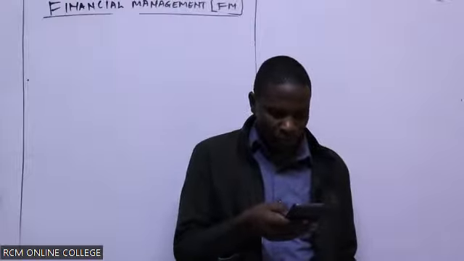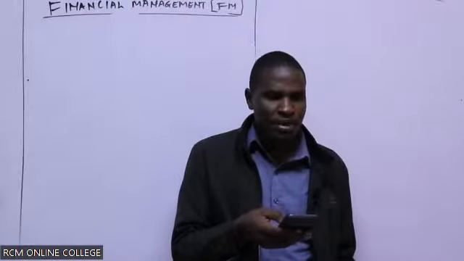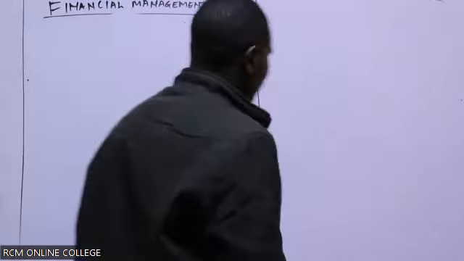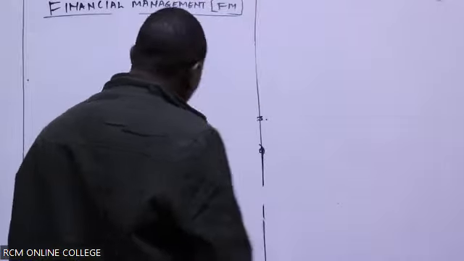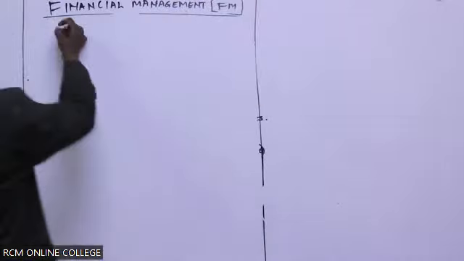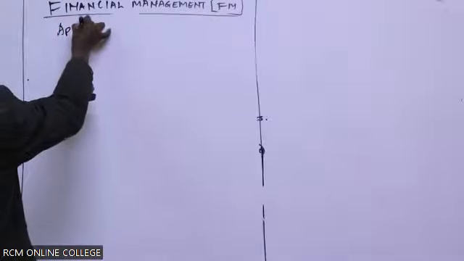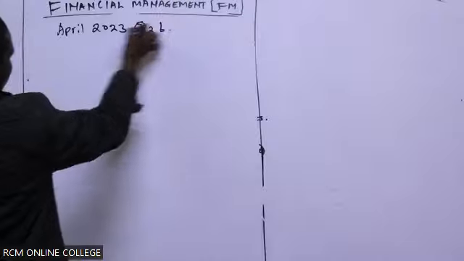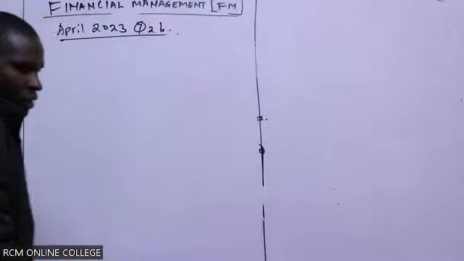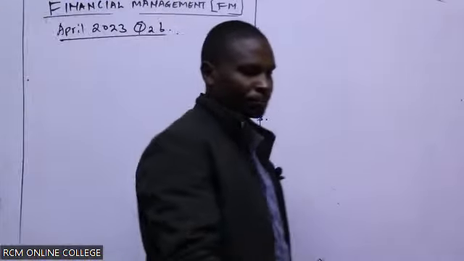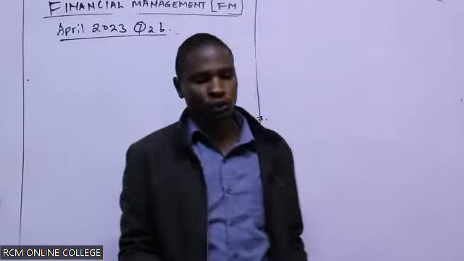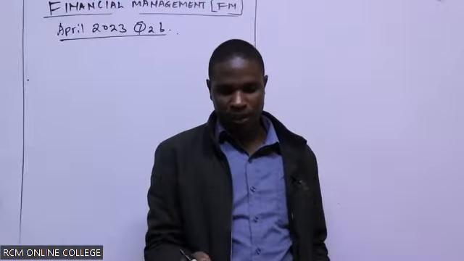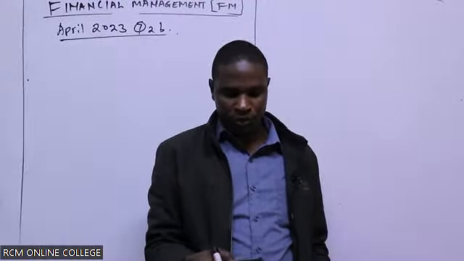Now, today, I want us to look at question number 2B. That is a very nice question. This is April 2023, question number 2. So the assignment here, over the weekend, do it well.